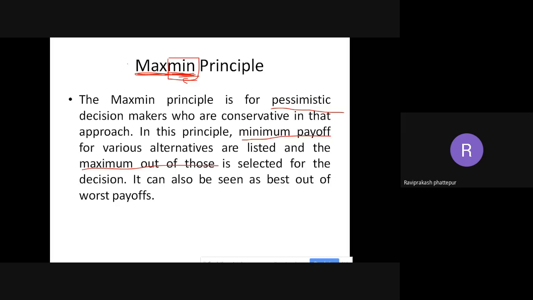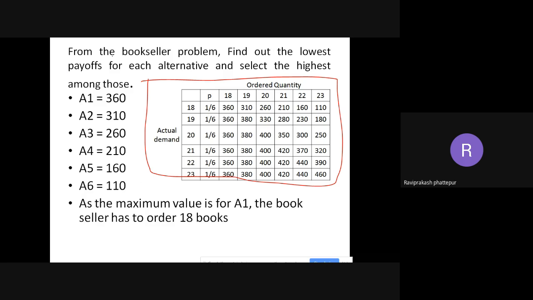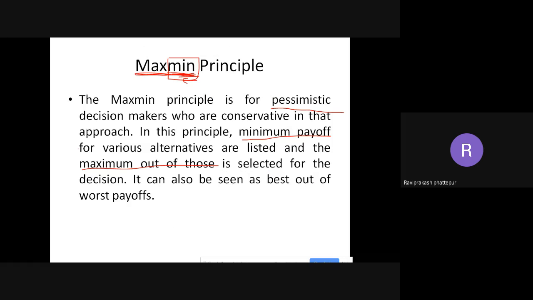In the examination, they'll ask you to find the decisions with respect to maximin and minimax. There were 5 principles earlier, but for your syllabus only 2 are there, so I'll be teaching only those 2. For those who were not present earlier, I'll go back to the bookseller problem.